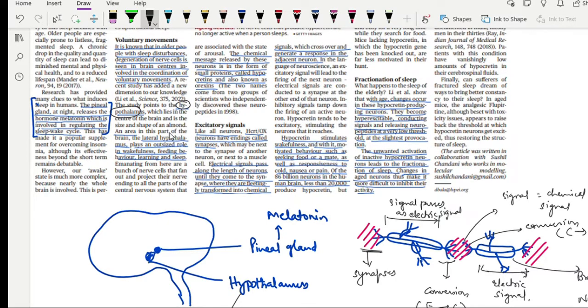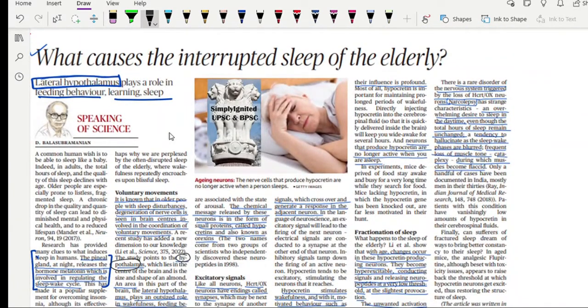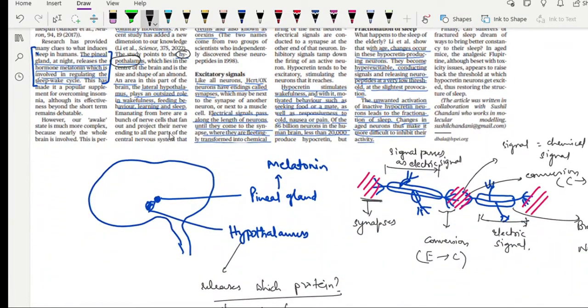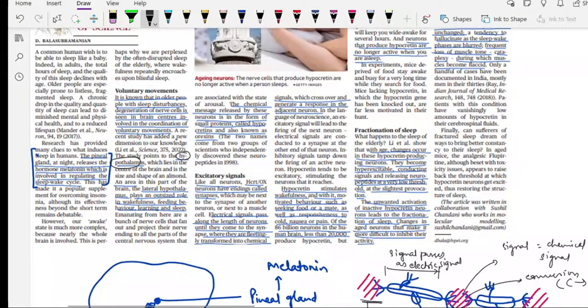The electric signal passes along the length of the neuron until it comes to the synapse, where it is fleetingly transformed into a chemical signal, which crosses over and generates a response in the adjacent neuron. So the electric signal comes to the synapse where it gets converted into a chemical signal, then passes to the next synapse from where it triggers an electrical response on this side, and the cycle goes on. Now, hypocretin stimulates wakefulness with motivated behavior such as seeking food or meat, as well as responsiveness to cold, nausea, and pain. You understand this now?